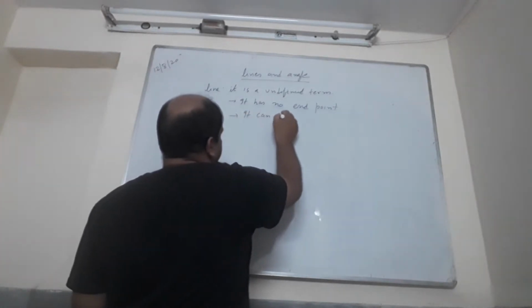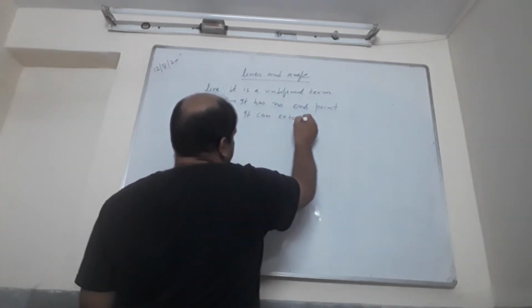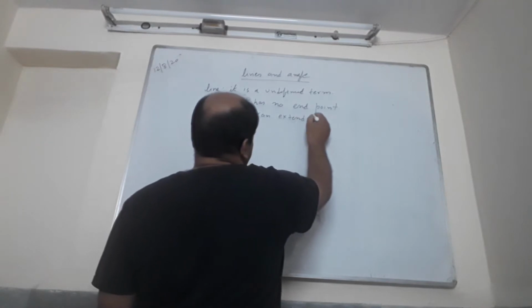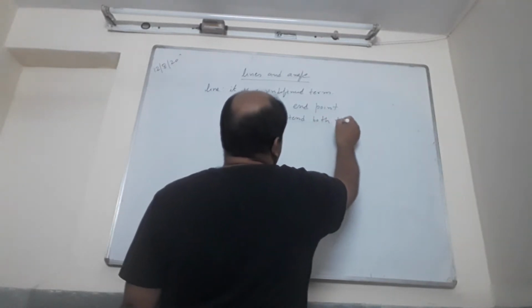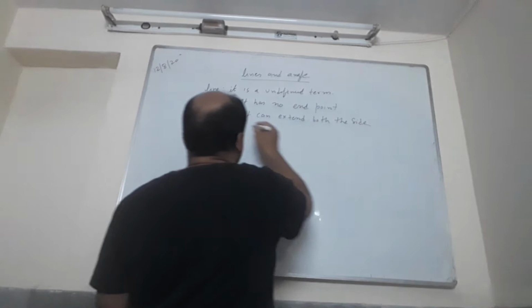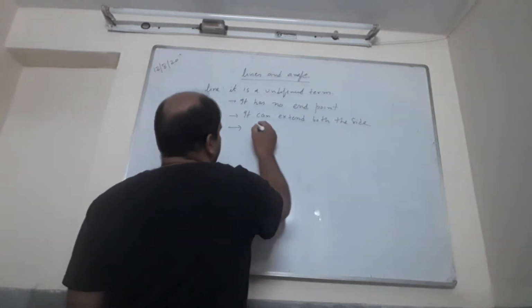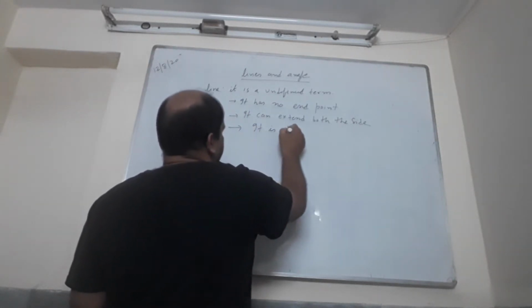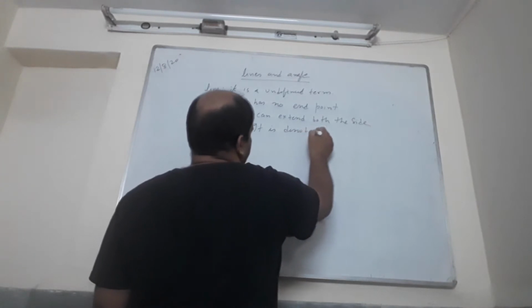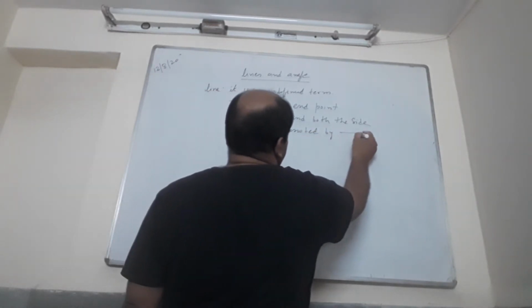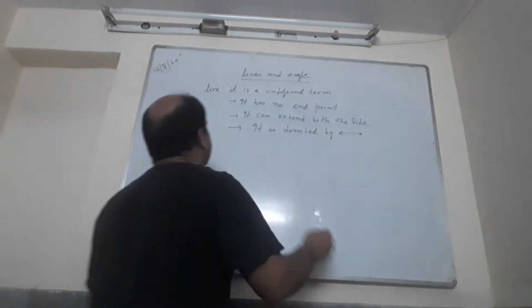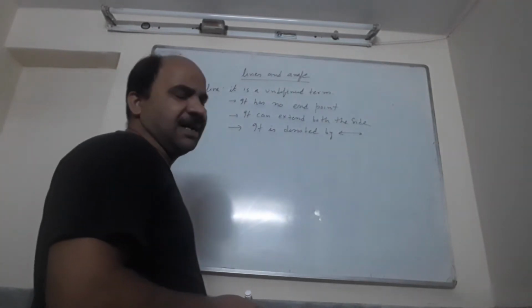It can extend on both the sides. It is denoted by this. This is the property of line.